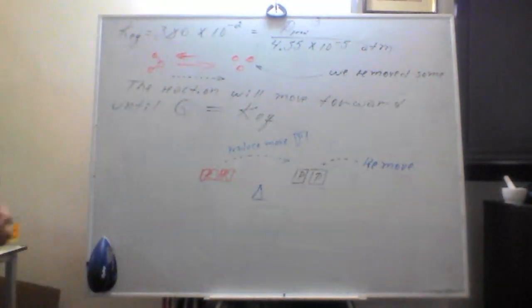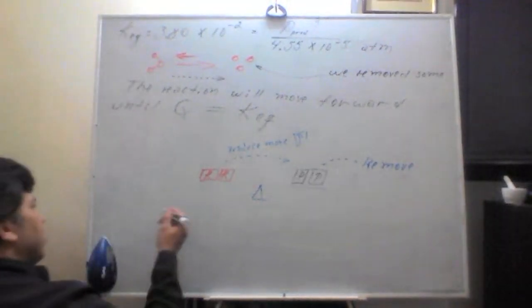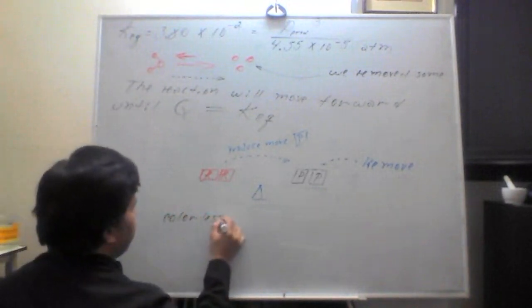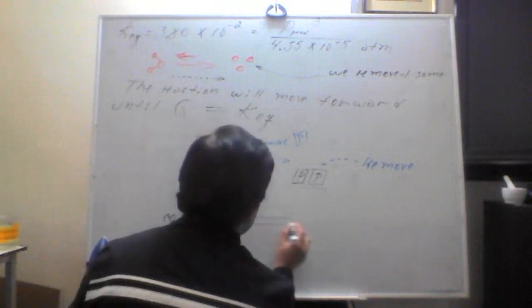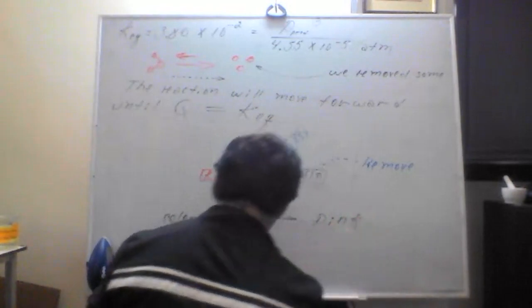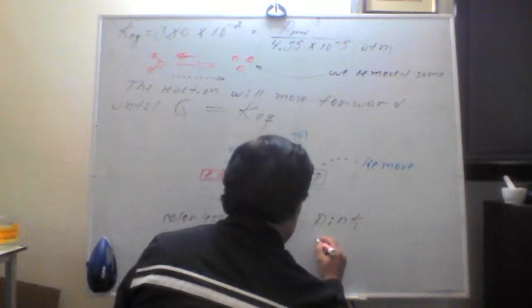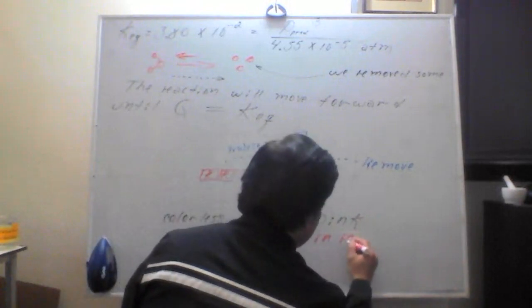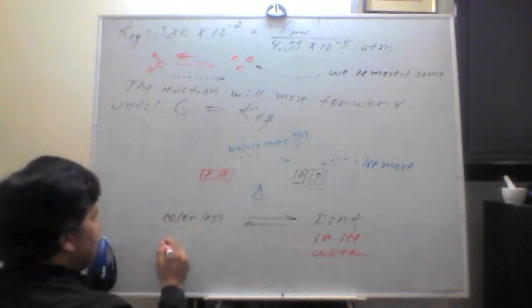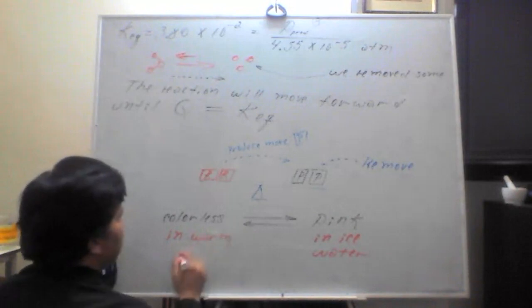So now let's address the question about the experiment we did. We had a colorless solution. And then the solution could go back and forward between colorless and pink. It was pink in ice water, but it got colorless in warm to hot water.